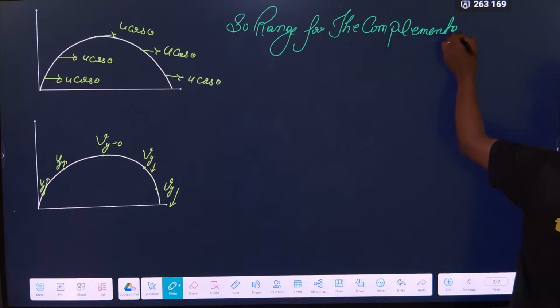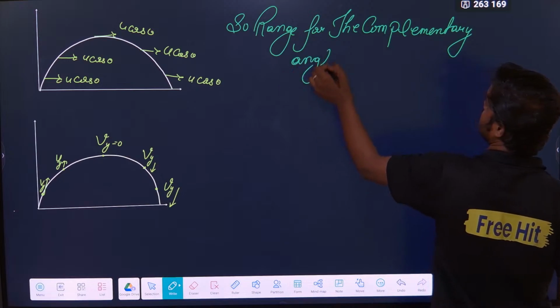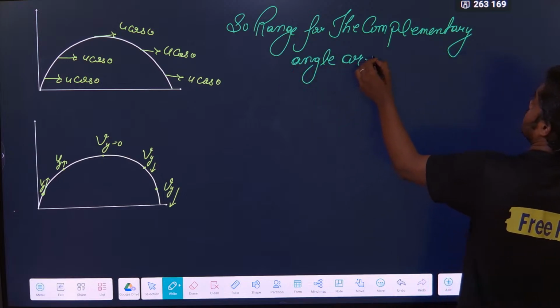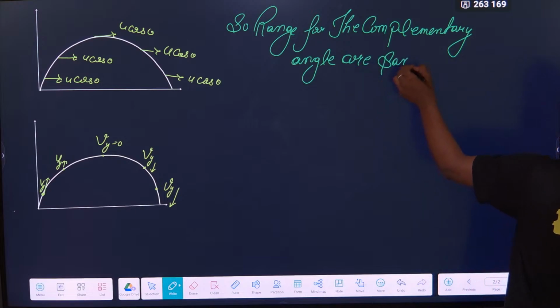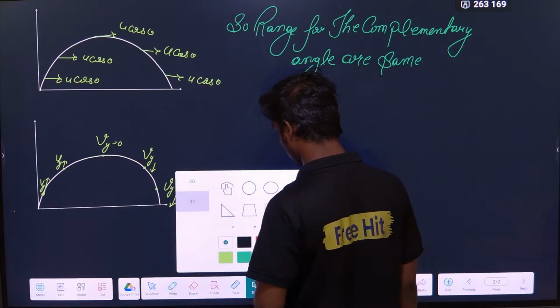Range for complementary angles is the same.